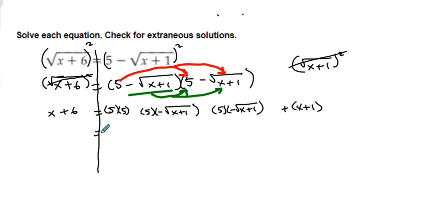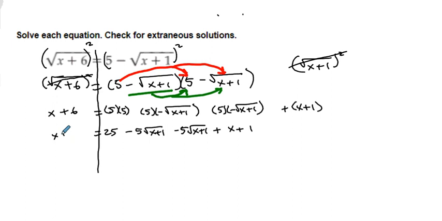So let's now simplify this out. So we get 25. Over here you get negative 5 times the square root of x plus 1. Same thing, ditto, right? And then you get plus x plus 1, and you can drop the parentheses at this point. You don't need them. They're not doing anything. It's not minus. You don't have to change any signs.